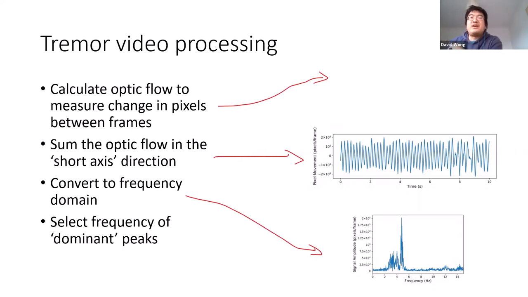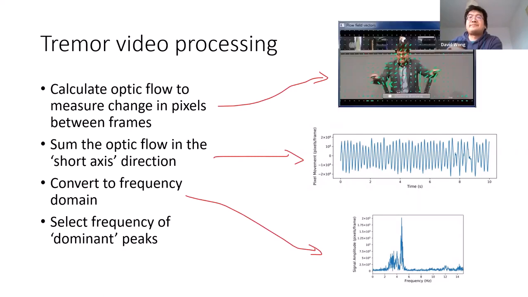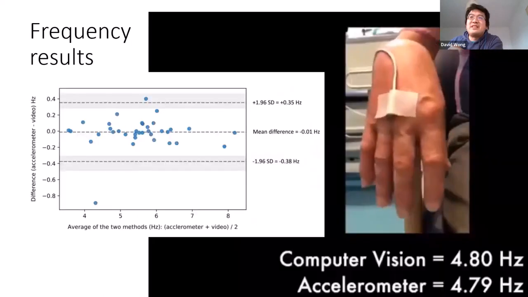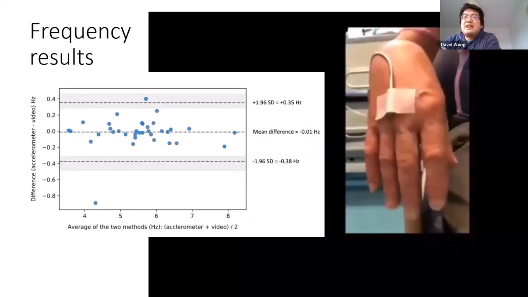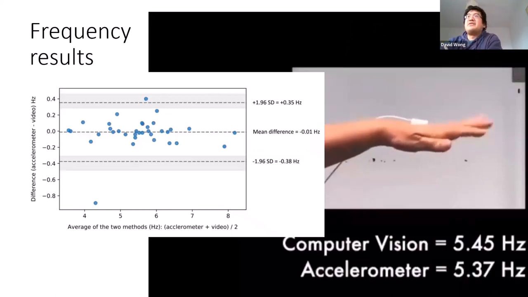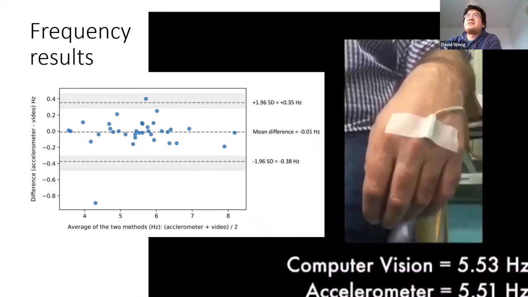And finally, we identify the dominant peak. And as you can see here, we've applied it to our videos. And you can see the difference between a medical grade accelerometer and our computer vision method.